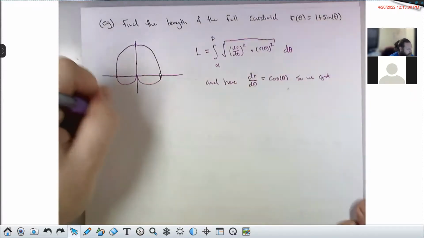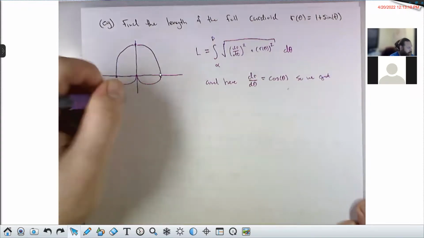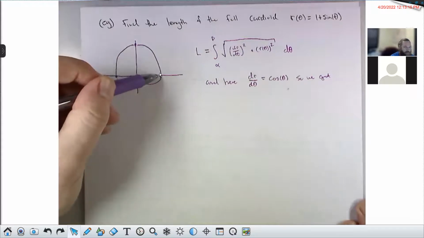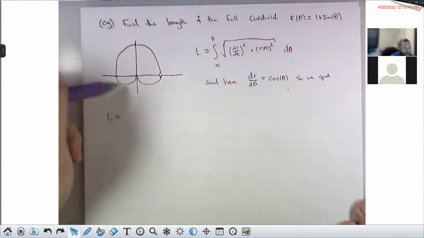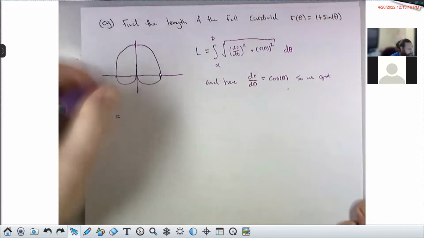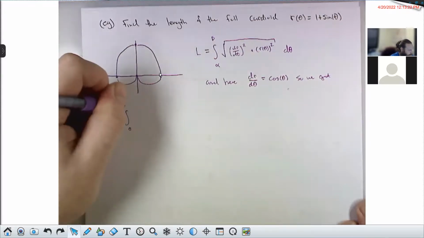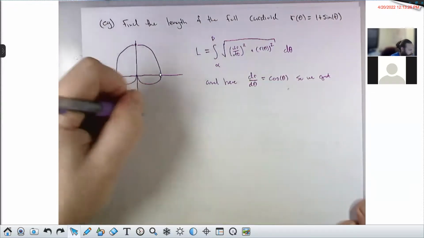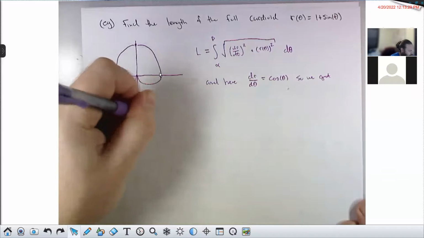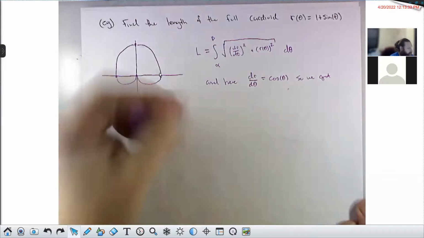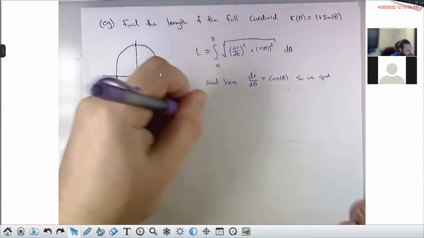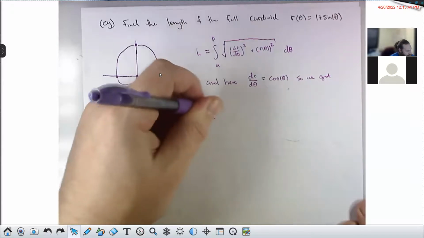So we get L equals, and we can integrate from theta equals 0 all the way around to 2 pi, of the square root of dr d theta squared, which is cos theta squared, plus r of theta squared, which is 1 plus sine of theta squared.